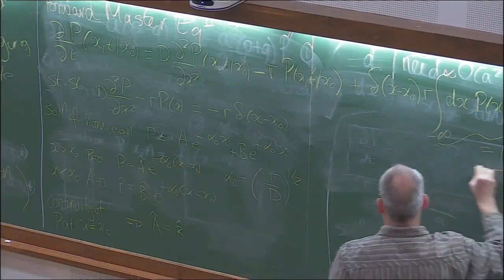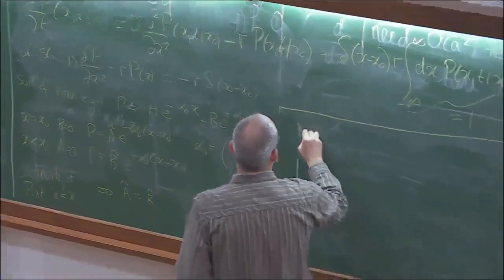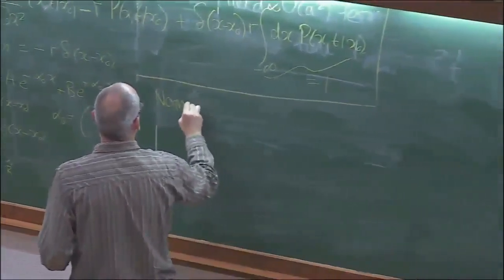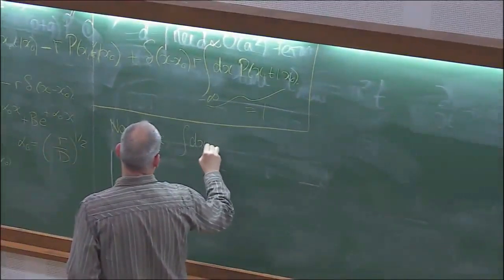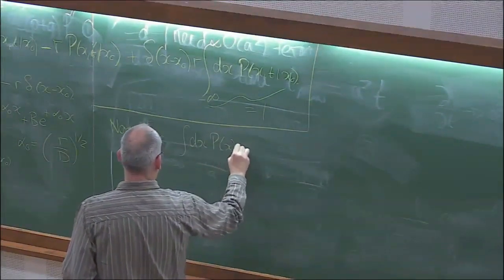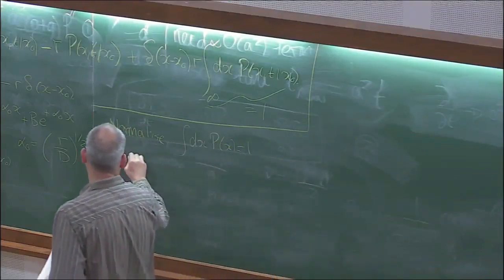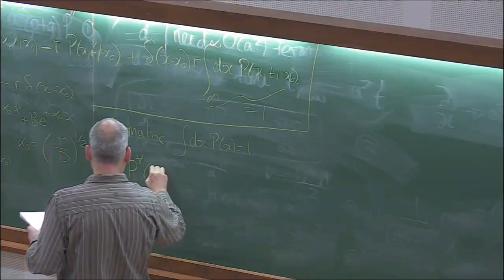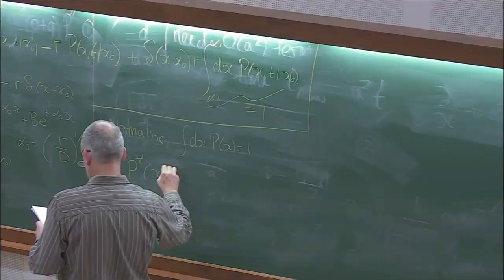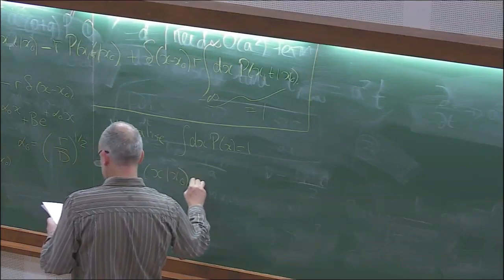So if I normalize, so the integral over x of p(x) equals 1, then I get that my stationary distribution, let's call it p star of x, given my resetting position x naught, is alpha naught over 2 times e to the minus alpha naught absolute value of x minus x naught.